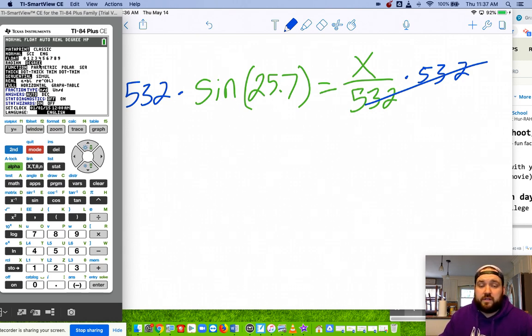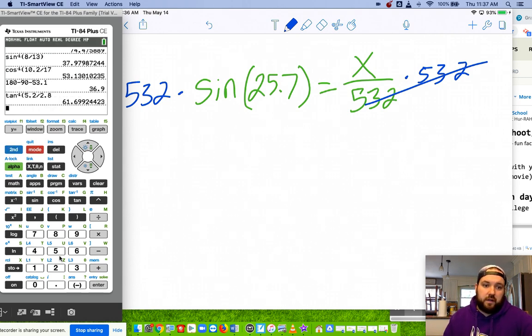If your calculator is giving you answers that are different than what mine say, it's probably in what's called radians mode. And if you're not sure how to do that with your calculator, please log in and ask your teacher, because every calculator is a little bit different. And if you have a different model than this, that button can be in a different spot. But every calculator does have, even your iPhone calculator has the ability to switch between radians and degrees.